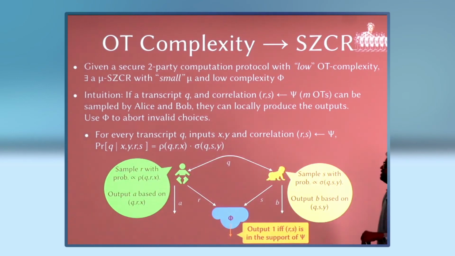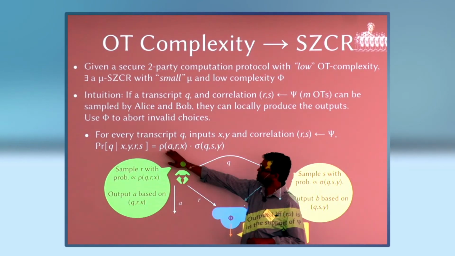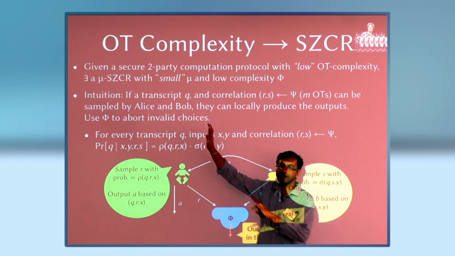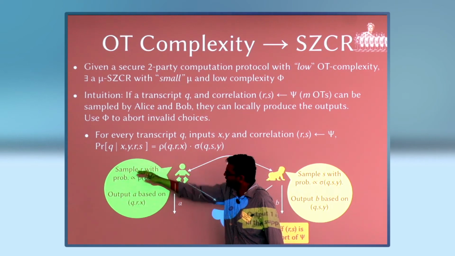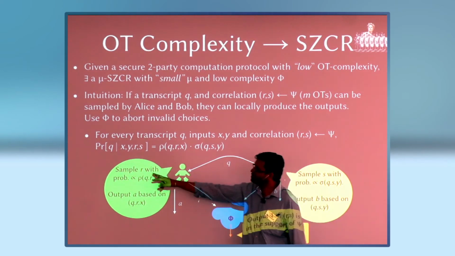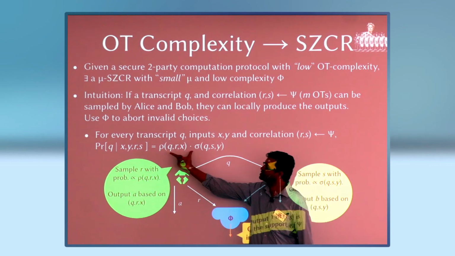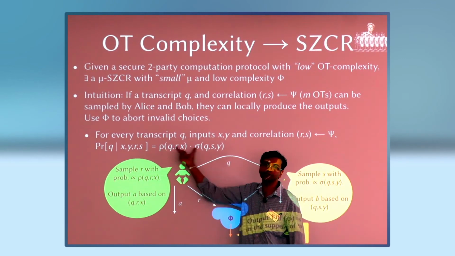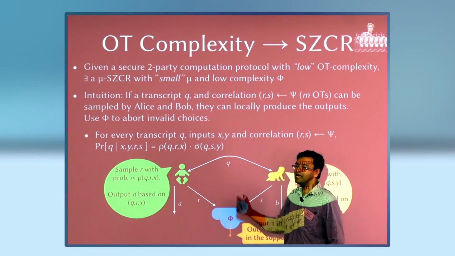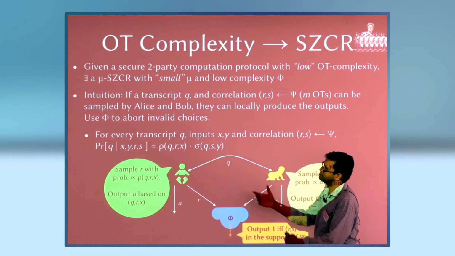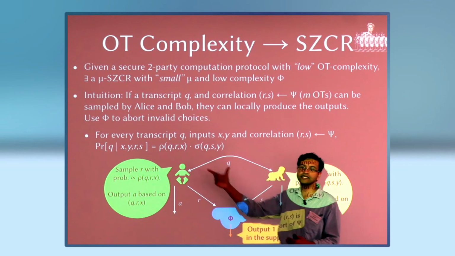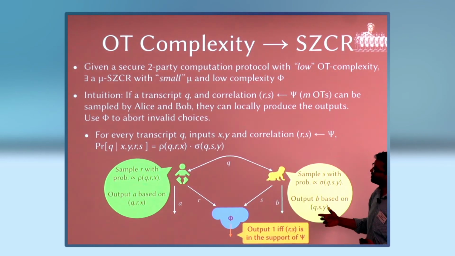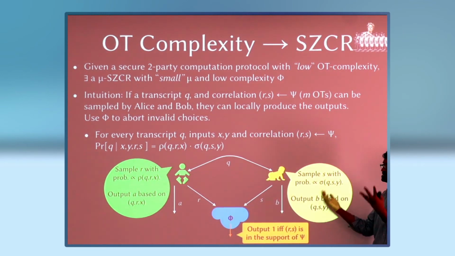And so the high-level idea is that let's fix this Q for now, or maybe we'll sample this Q. And Alice and Bob will sample R and S with probability proportional to this rho and sigma, so that the probability of getting the whole thing together is proportional to the product. But of course, not all R and S are going to be good because they were sampled independently.